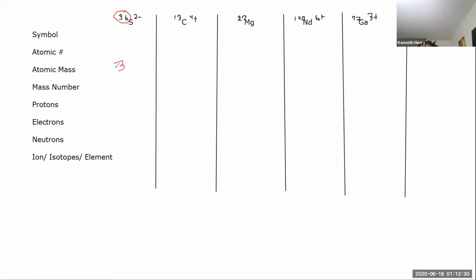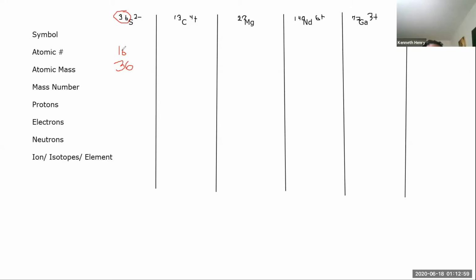Okay, what about the atomic number? It's sulfur, right? That's right, it's sulfur. It says 16? Okay, 16. And the atomic number symbol tells us S. What does the atomic number tell us? The atomic number tells you the number of protons. What else does it tell us? The weight.